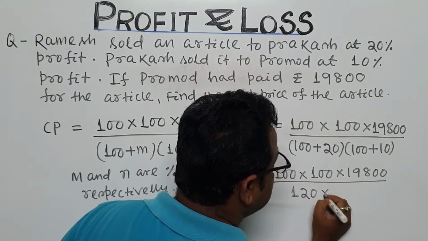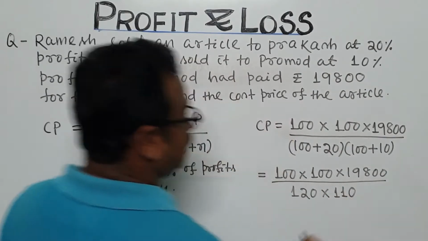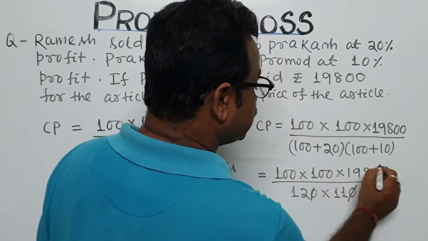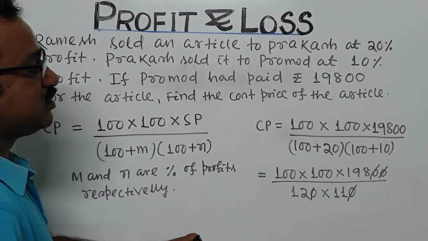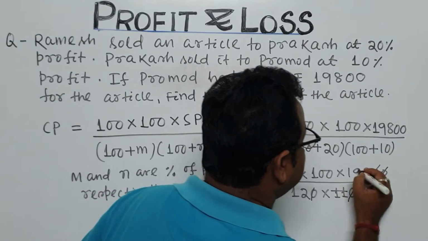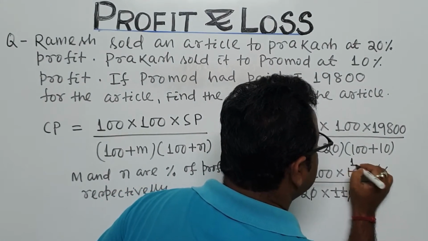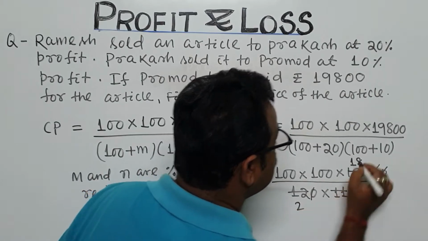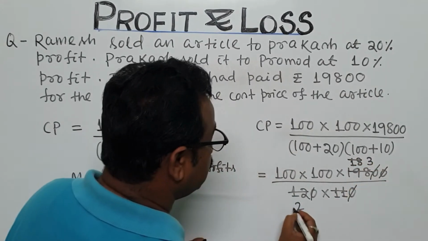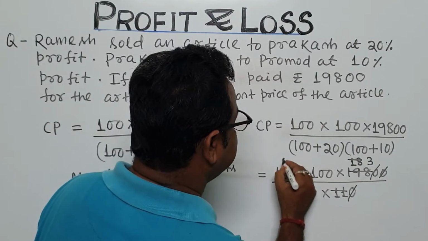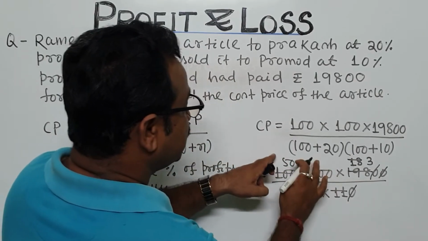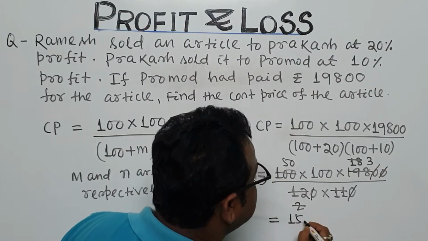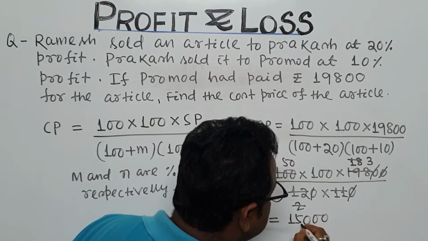That is equal to 100 into 100 into 19800 by 120 into 110. Now see, the zeros cancel. Now 11 times 18 is 198. Now 6 2s are 12, 6 3s are 18. Now 2 here, look at 50. So now 50 into 3 is equal to 15000.